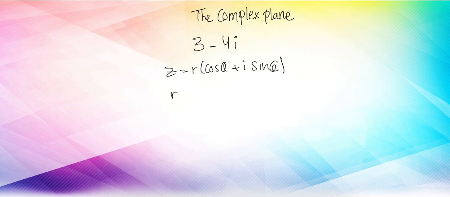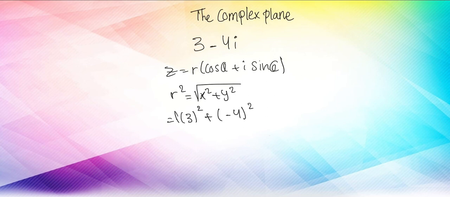We do r squared equals x squared plus y squared, equals (3) squared plus (minus 4) squared. Its answer is 25, so r equals 5. That's the answer.